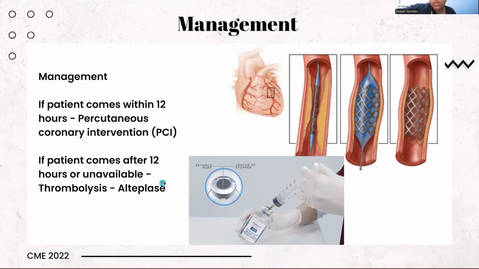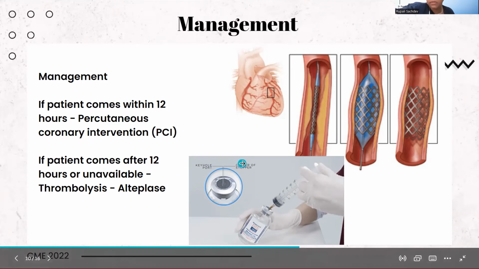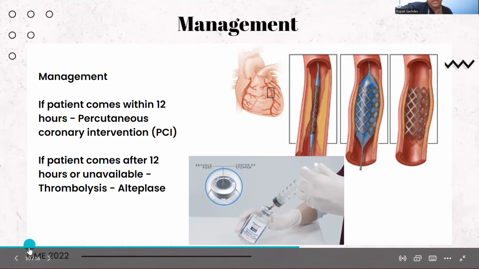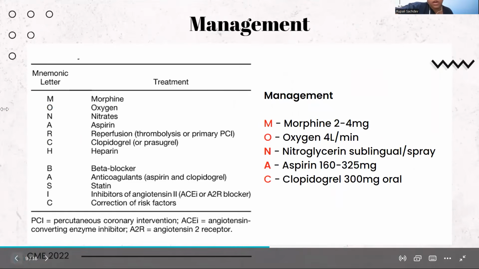So once you start working as physicians, you also start realizing the cost of interventions and how it can also be a clue when you're taking a history. So that again is a relevant history if the patient has had a previous MI and they're on certain medications and things like that. Okay, now this is your basic management overview, MONA C, BASIC, and MONA C. This much you know, good enough.